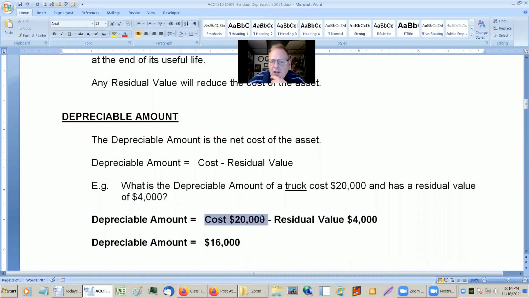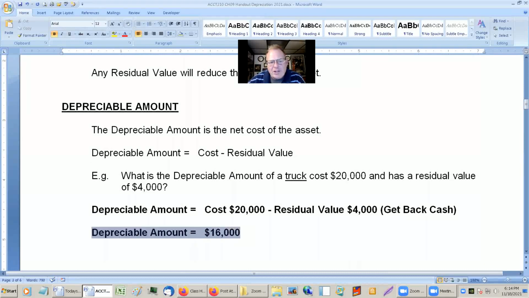Well, we're paying out $20,000, but we're going to get back cash of $4,000 when we sell it. This residual value is what we estimate we're going to sell it for. So we're really only going to depreciate this thing by $16,000, because it's really only going to go from $20,000 down to $4,000, right? So it's really going to just decrease by the $16,000.